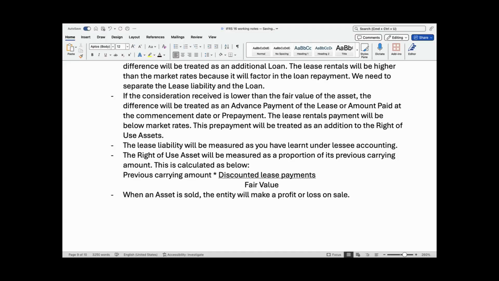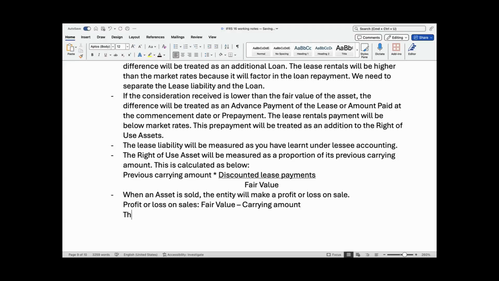So the profit or loss on sale is calculated by comparing the fair value of the assets with the book value of the assets.